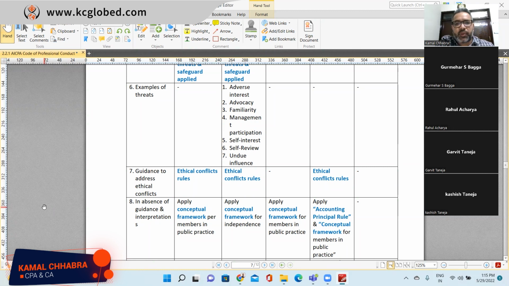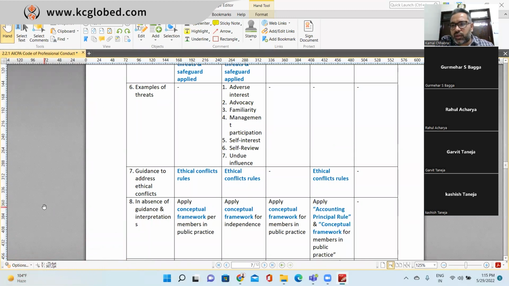Let's say you are a distributor or an agent of those products, and at the same time you are doing the audit of that client. There you are doing the advocacy of the respective product and service, or advocacy can be selling the product and service. It can be in any legal matter where your legal team is supporting the client, or advocacy on any accounting matter or tax related matter.